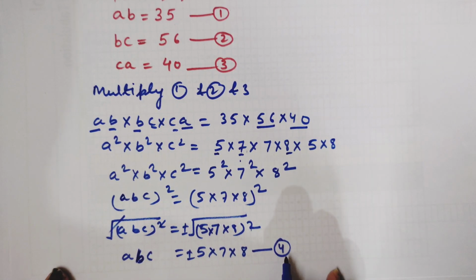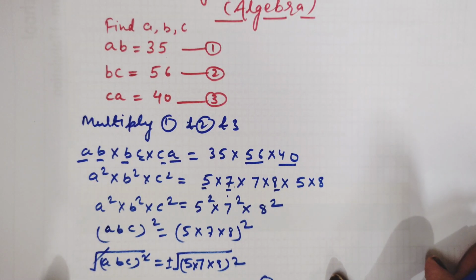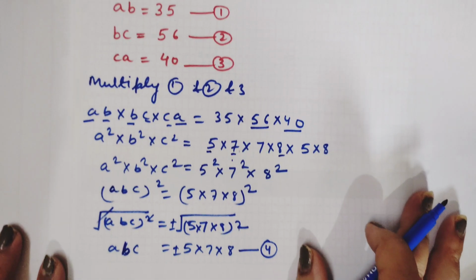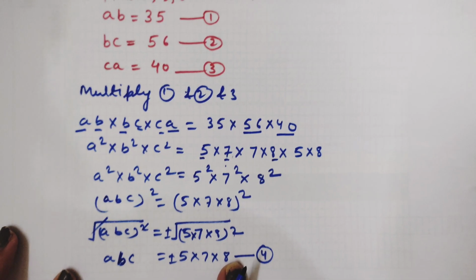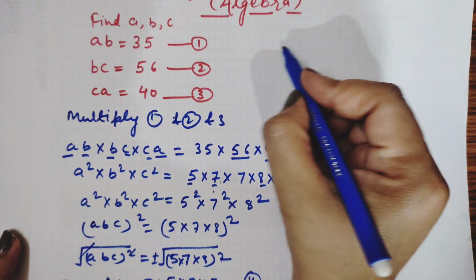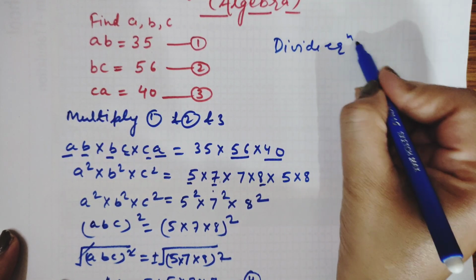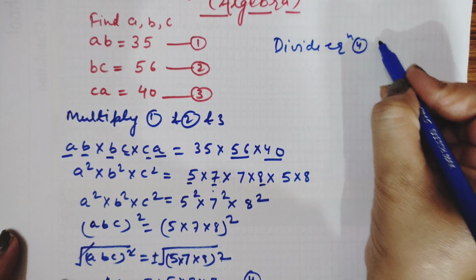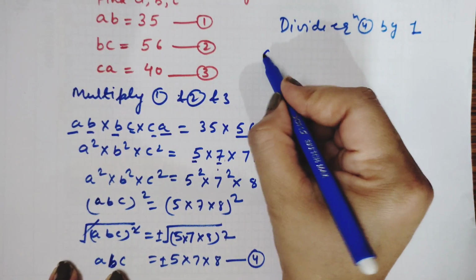Now this is equation number 4, and there are equations 1, 2, 3 already given. ABC equals plus minus 5, 7, 8. Now divide equation 4 by equation 1.